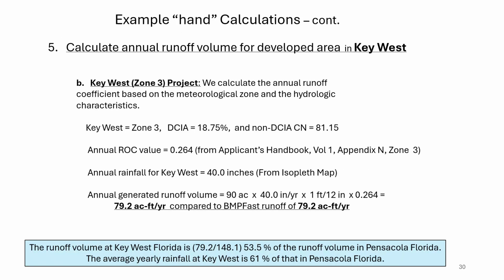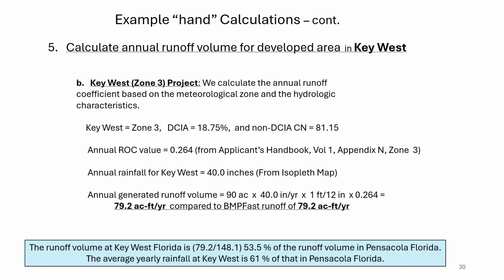Let's continue our calculation example, this time focusing on a developed area in Key West. Here, we determine the annual runoff coefficient based on Key West's specific meteorological zone and its unique hydrologic characteristics. For Key West, which is designated as Zone 3, we have a directly connected impervious area, or DCIA, of 18.75%, and a non-DCIA curve number of 81.15.